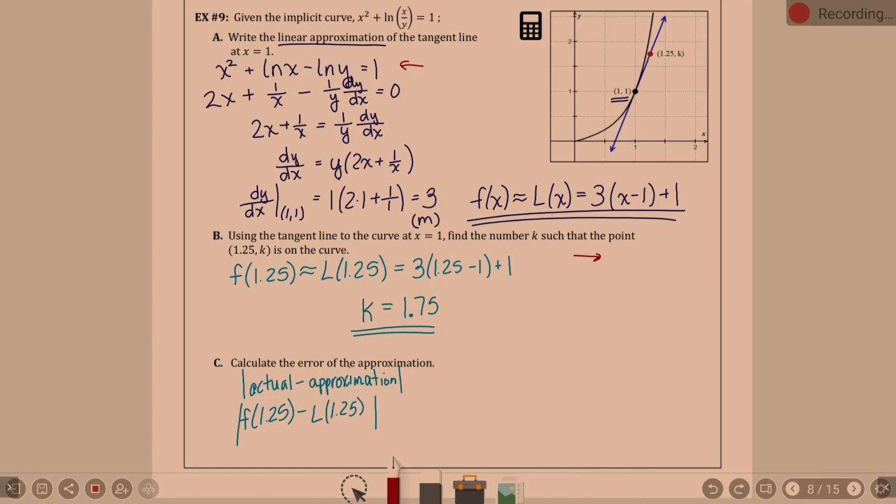So I'm going to isolate my y. So natural log of y, I put that on one side. If I add the natural log y over, are you with me? And then on the other side, I'm going to have the x squared plus the natural log of x, and the 1 you're going to subtract over. Are you guys okay with that?